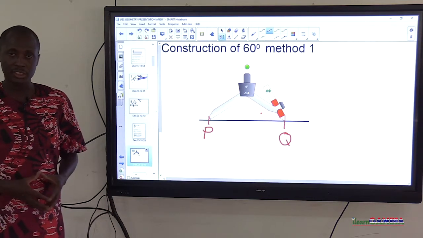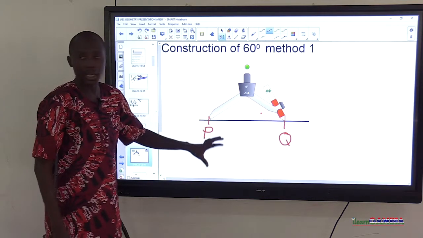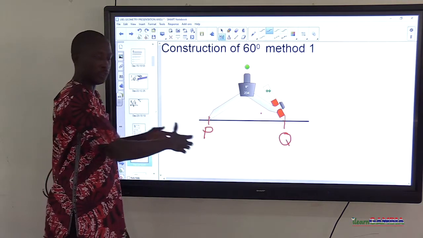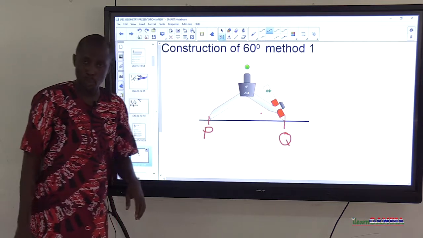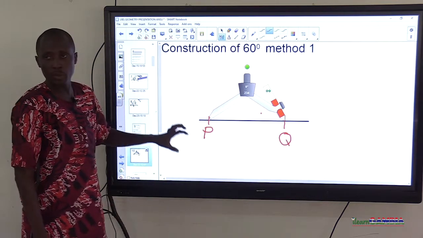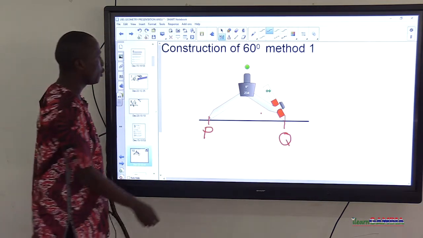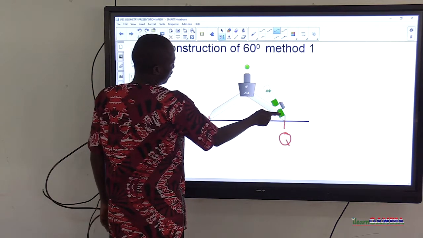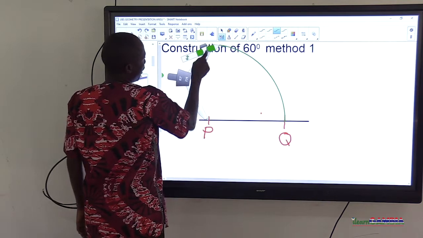Now, in this case, I prefer to draw my arc above the line. But you can also draw it below if you want your angle to be below. But in this case, I want it to be above. So I'm going to draw an arc. I have drawn my arc.